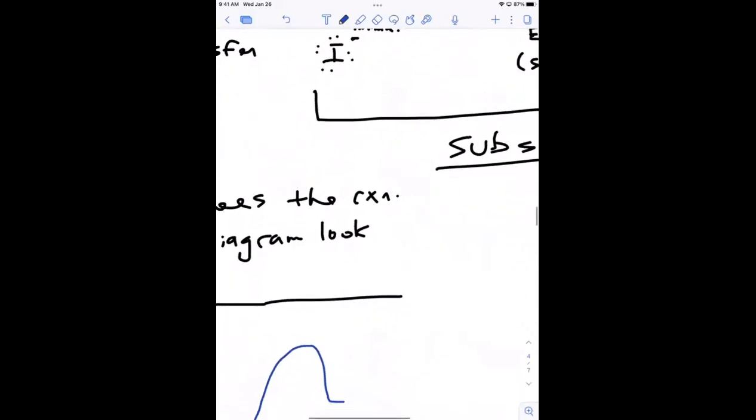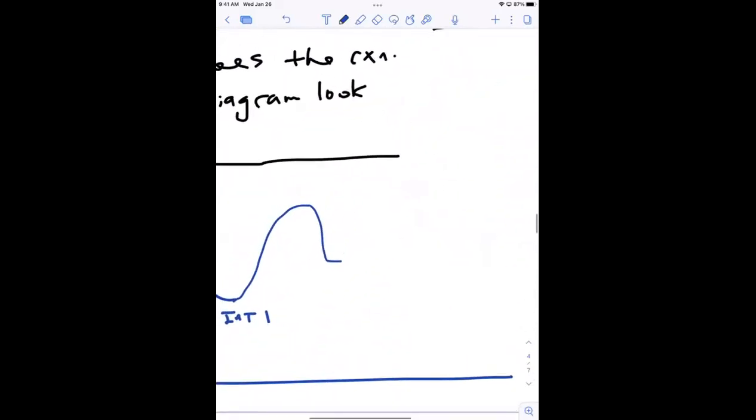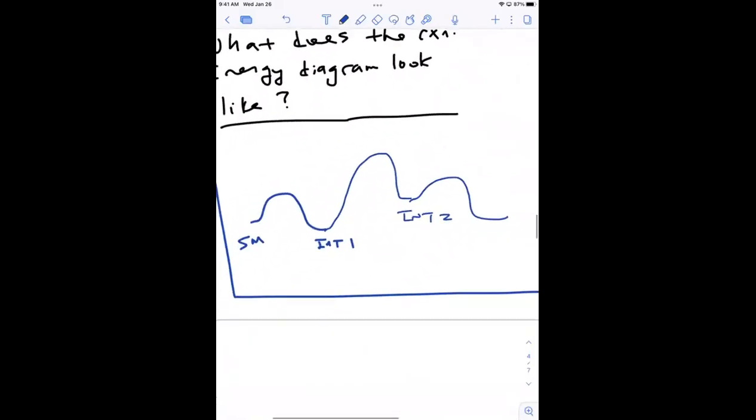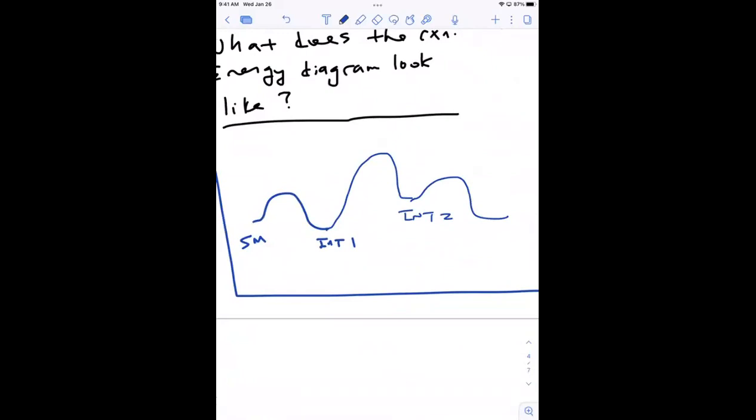Let me put that down here. And then now that reacts with iodine. So that's my third step. And we're going to say that's exothermic and fast, right? So intermediate 2 is going to react with iodine, and that's going to give me my product.